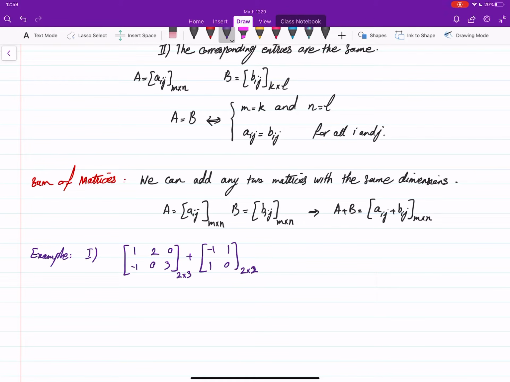If they don't have the same number of rows and columns, this sum is not defined. It does not make sense.